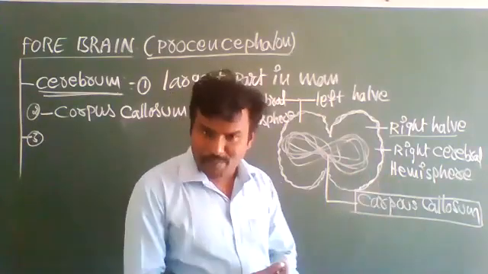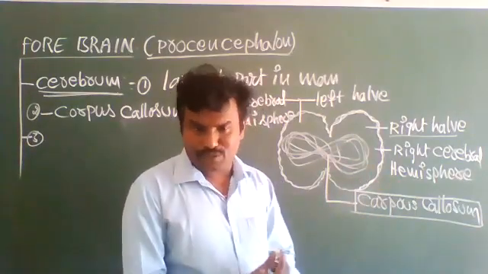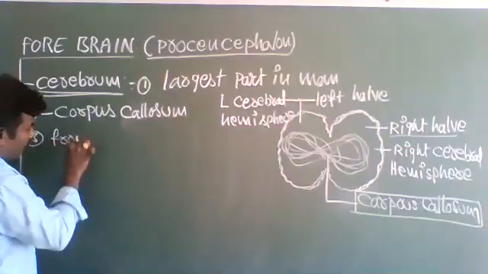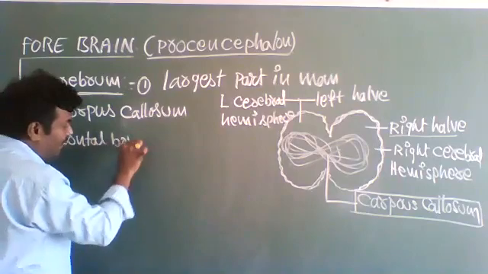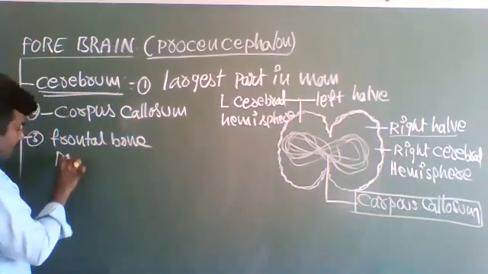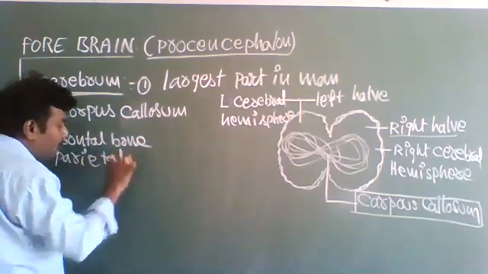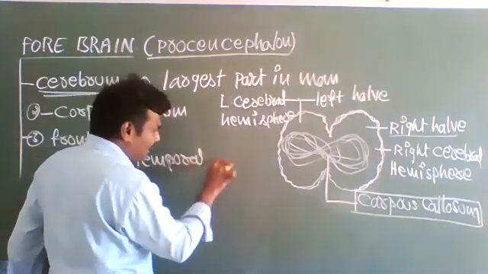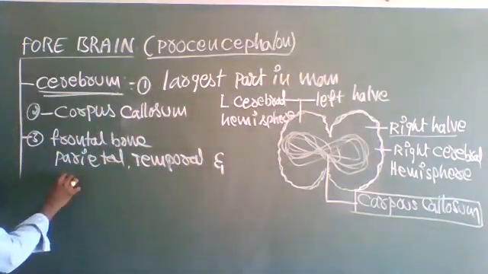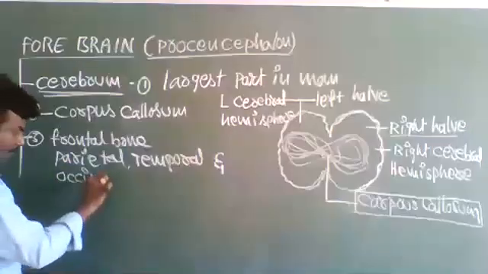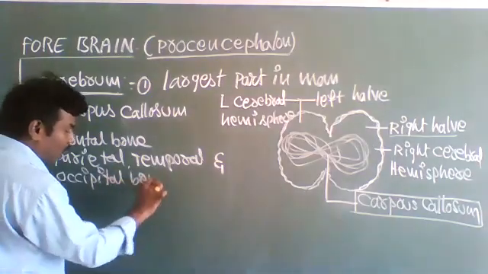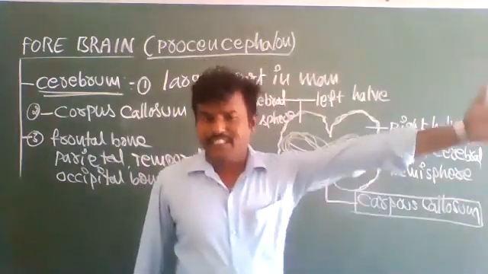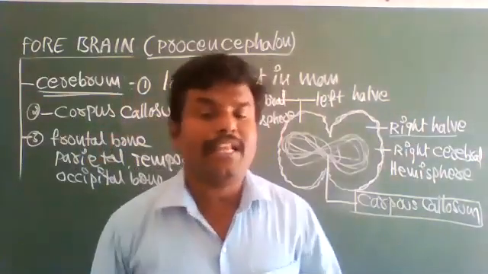Each cerebral hemisphere is divided into 4 lobes with the help of frontal bone, parietal bone, temporal bone and occipital bone. This is each cerebral hemisphere, the left cerebral hemisphere and right cerebral hemisphere.